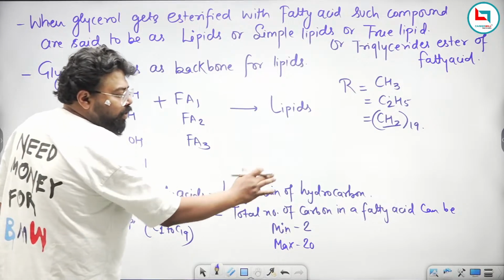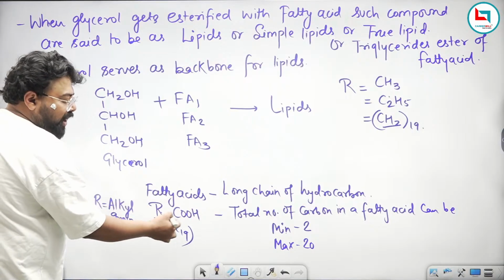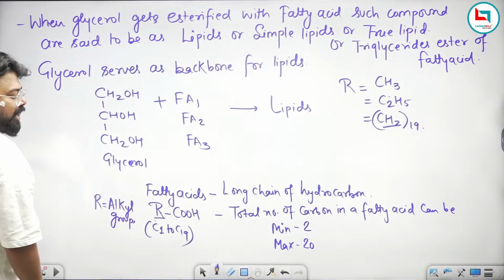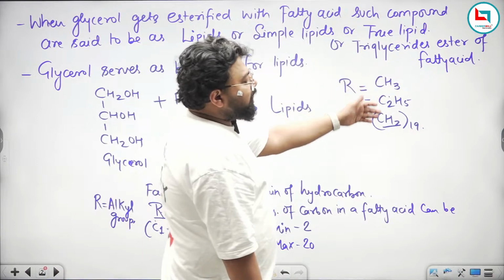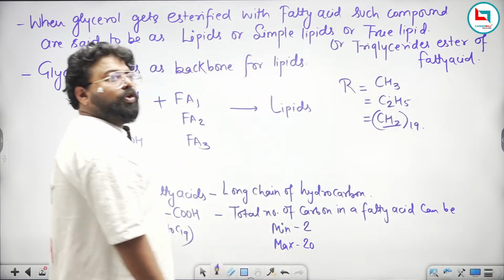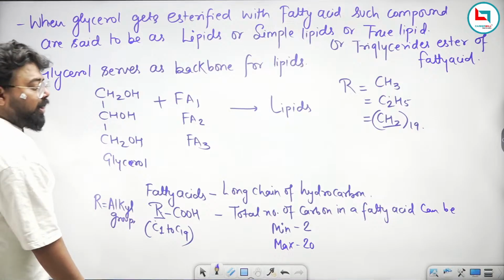The general formula of this fatty acid is RCOOH, where R is an alkyl group. This alkyl group can be either methyl or ethyl, or basically CH2 units with up to 19 repetitive units. So it can be 1 CH2 unit, 2, 3, 4, 5, 6, 7, 8, up to 19 repetitive units.